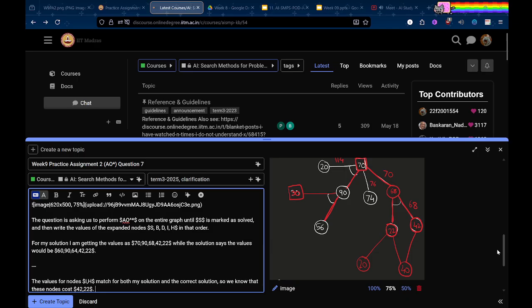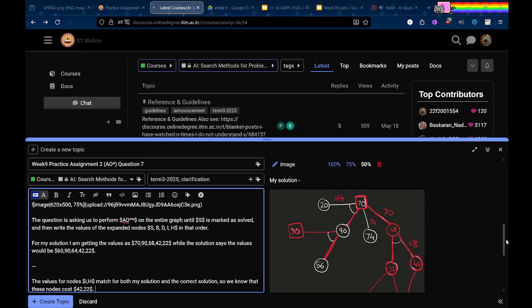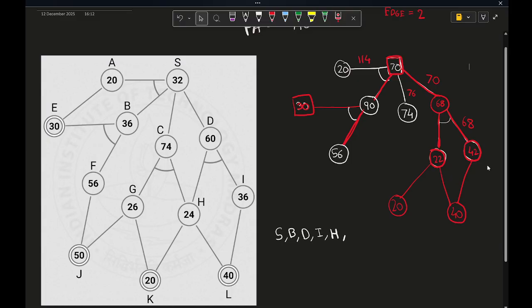Oh, okay. I should maybe write the node labels as well here: S, B, D, I, H, L, K. Okay. I'll take another screenshot of this.